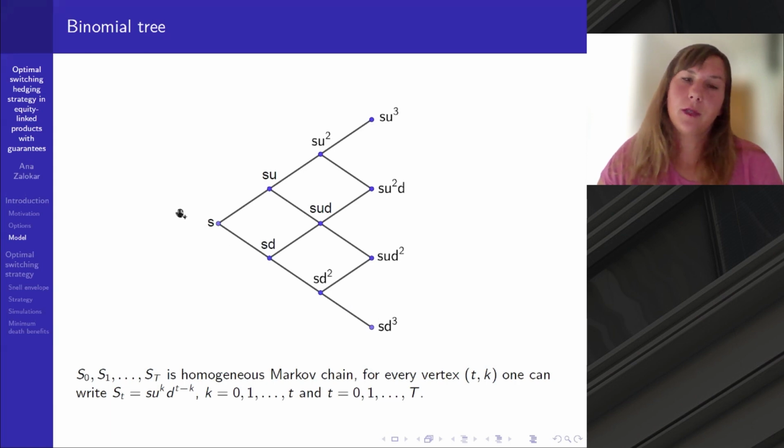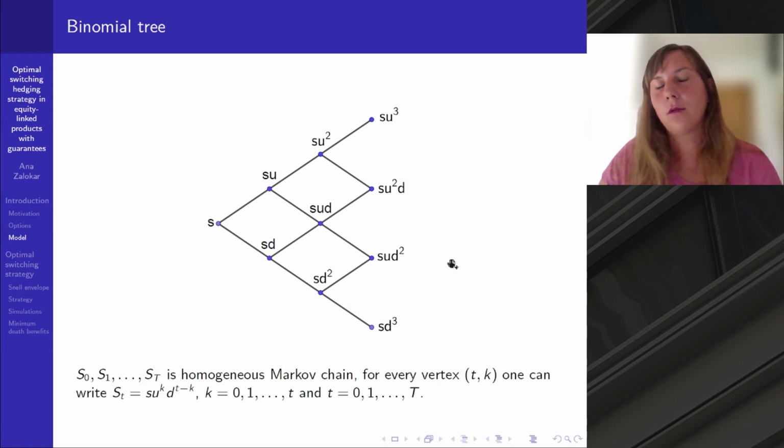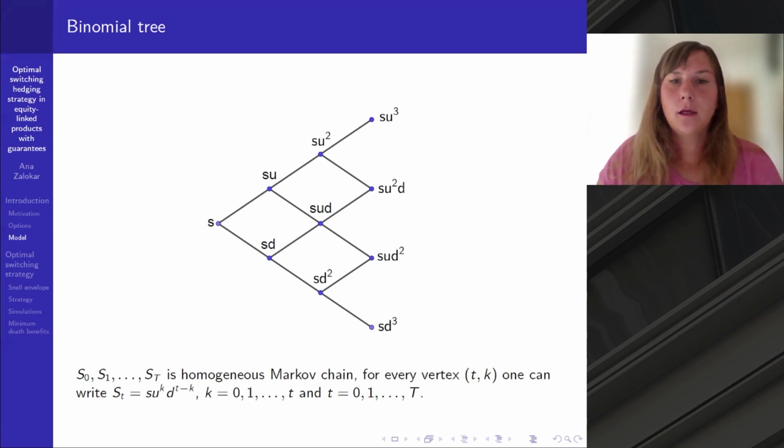So we can represent our stock price with the binomial tree as here. And then, of course, we take a random walk or random process to walk over this tree, and it is a homogeneous Markov chain.